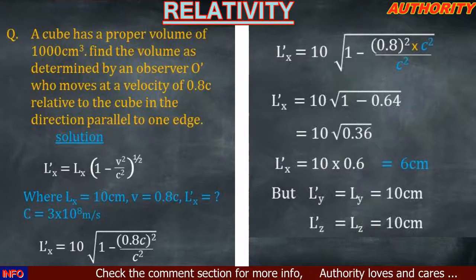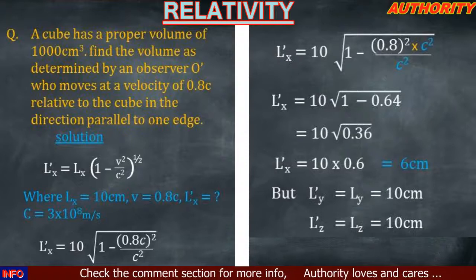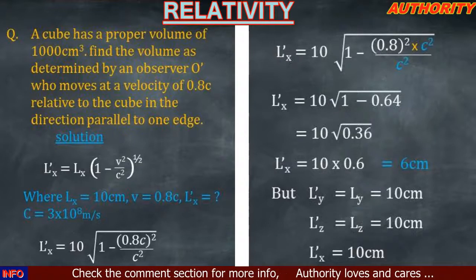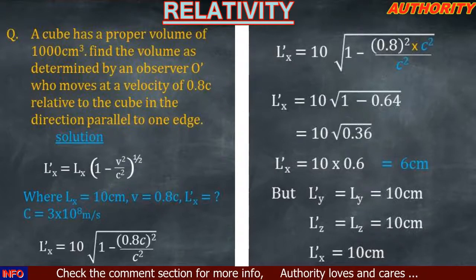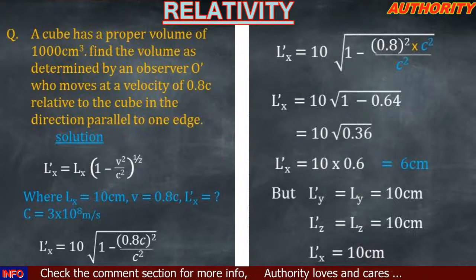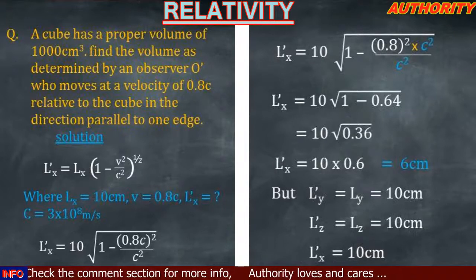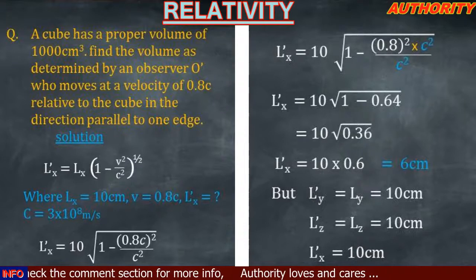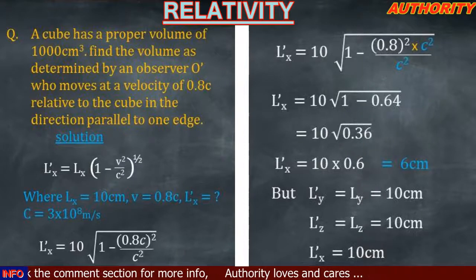So now, the length measured by the observer in motion in x direction, we have calculated and we see that it is 6 cm. So in the question, we are asked to find the volume measured by the observer in motion, and we see that only one side is affected, that is in x direction.